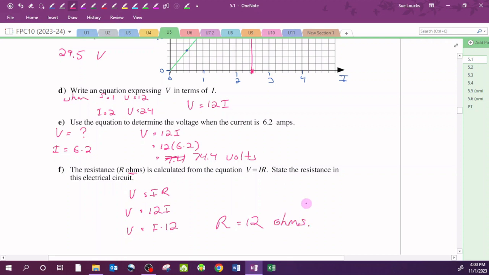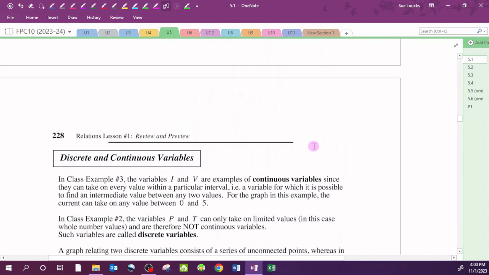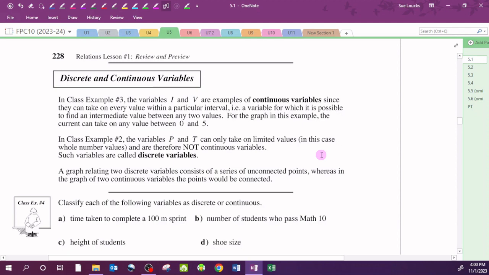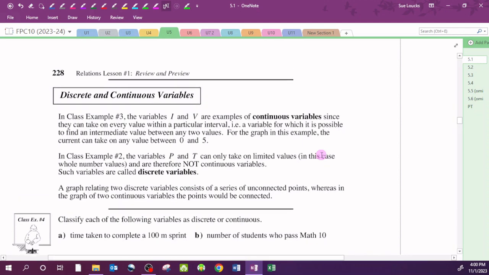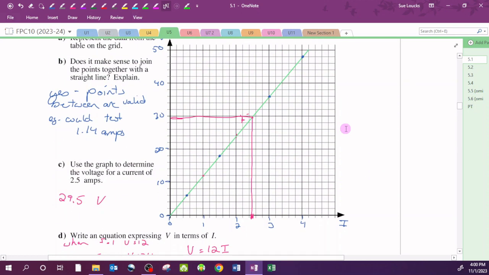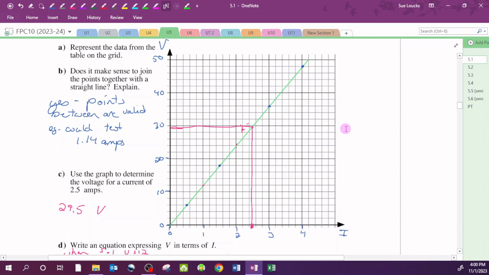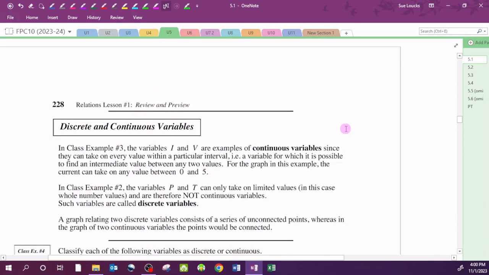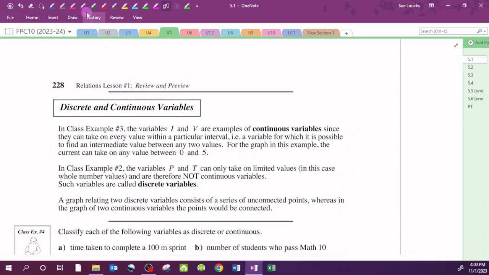One more little bit, and this is really important, is about discrete and continuous variables. When we were measuring the current and the voltage, these are continuous variables because they can be any value, any value between 0 and 4 and higher. We can measure those, so those are called continuous variables.